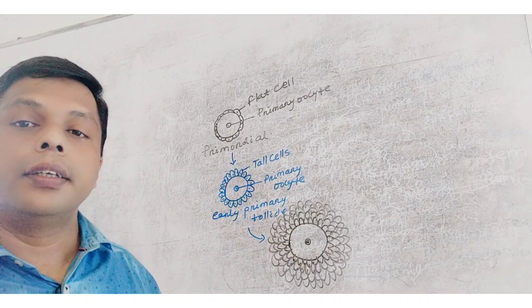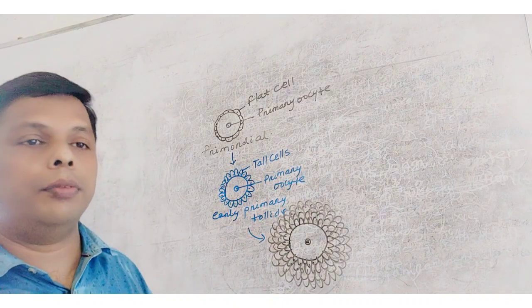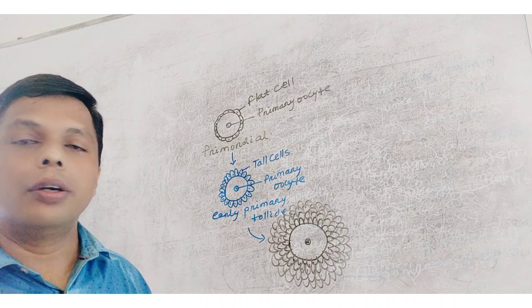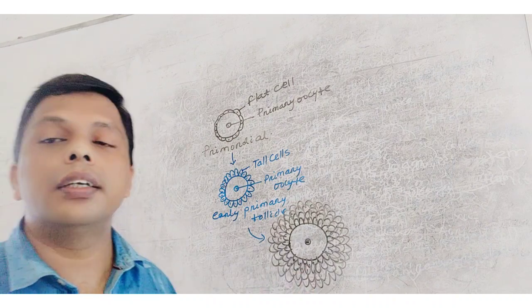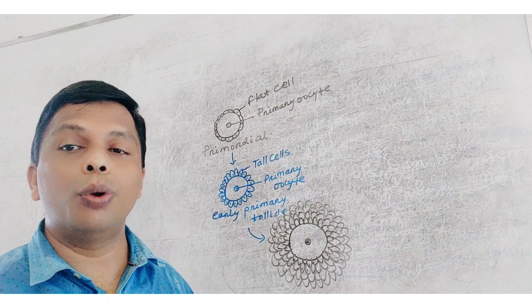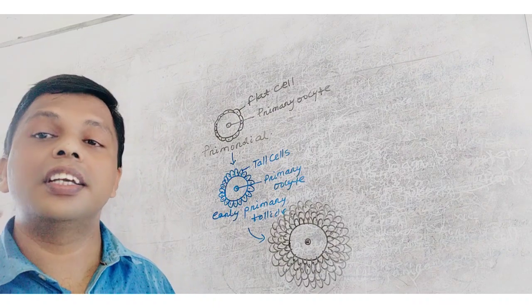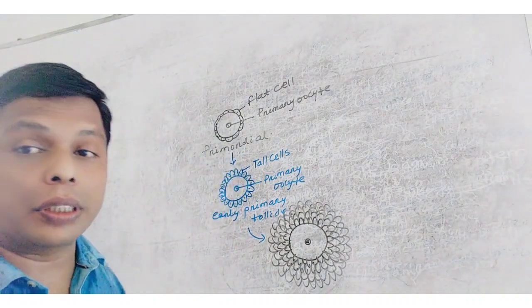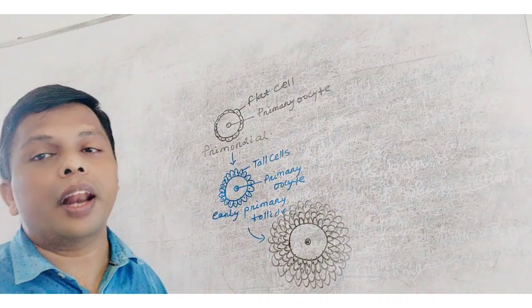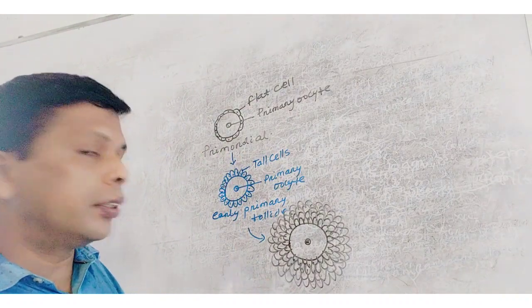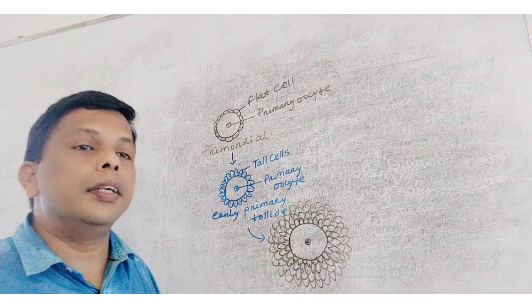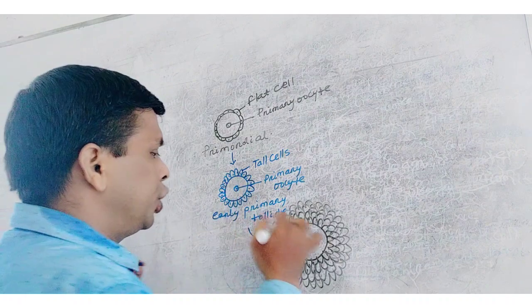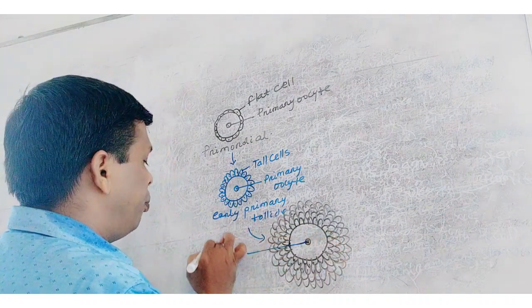This is the primary follicle. Now this layer is called the membrane granulosa. And the primary oocyte is still existing inside it.